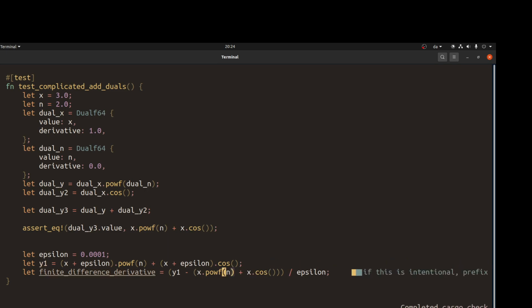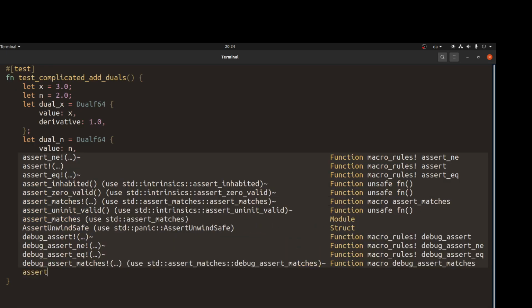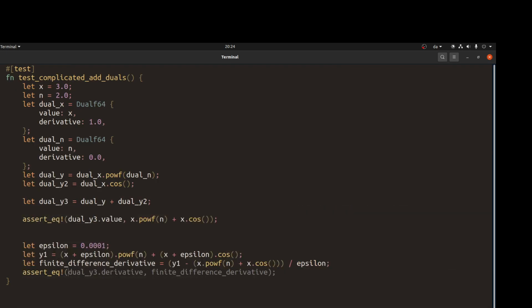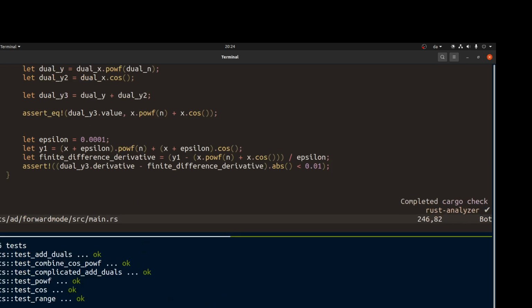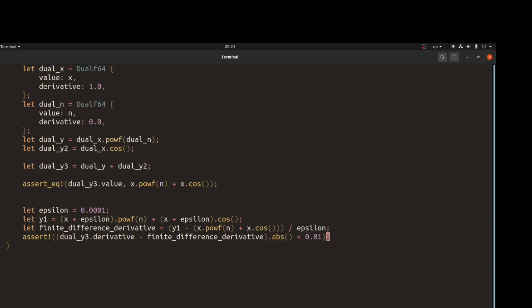Here's the finite difference derivative. And then we can say the derivative should be equal to that, but that's probably not the right thing to do. So let's say that the absolute difference is less than this, just like before. Let's run that, and it passes.